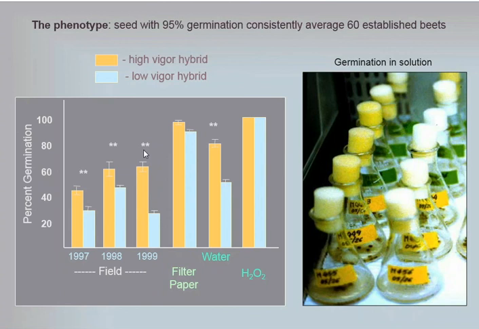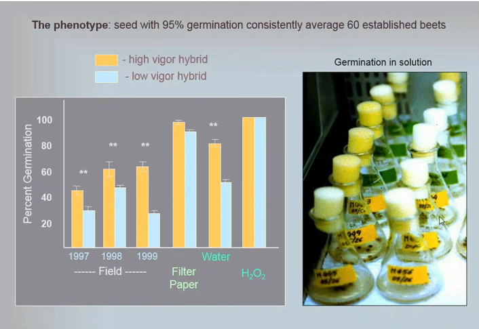These are statistically significantly different in their emergence, the low vigor, of course, being low. The traditional test, the commercial test for germination potential, is done, in essence, in wetted filter paper, and there's no significant difference here, and there's high germination.